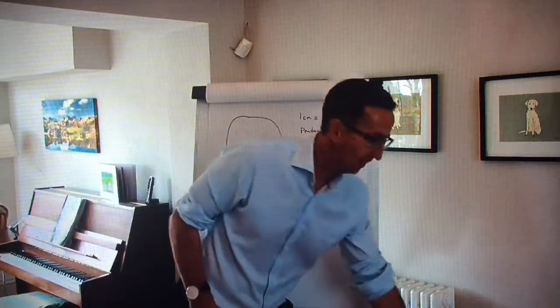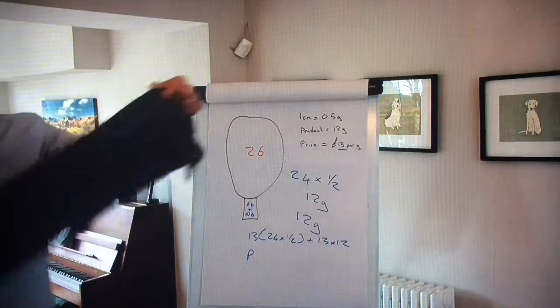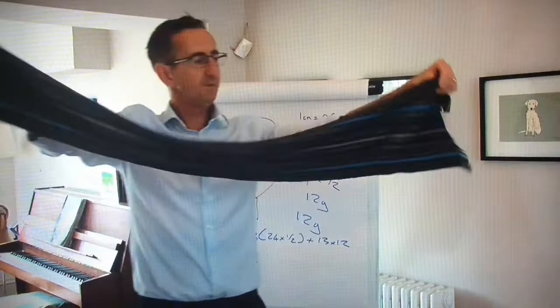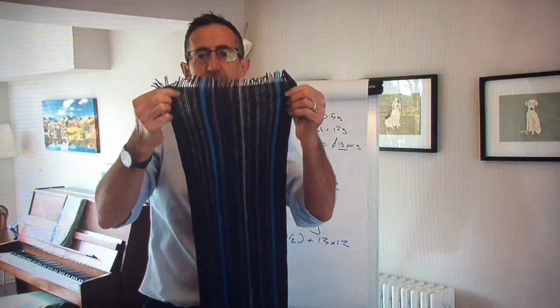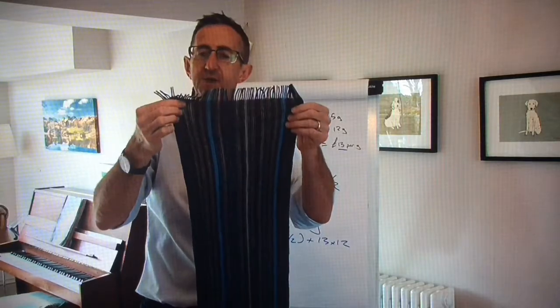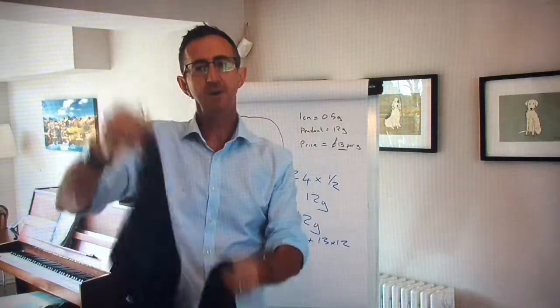The second part of the lesson involves a scarf, where you show them a scarf and you just say, well, how big was the material that the scarf came from? Was it the same? Was it this size? No, it's a bit bigger because you've got tassels and you've got a hem.